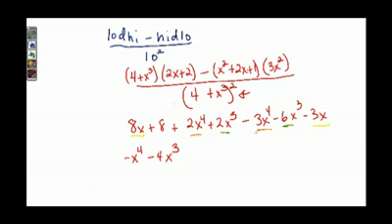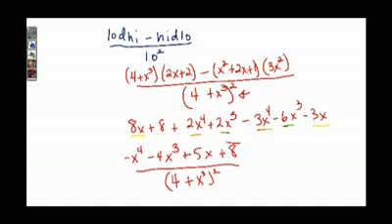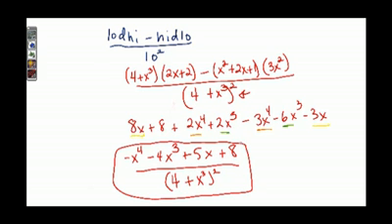So that would give me, I'm sorry, I got distracted by my dogs, a 5x, and then the only thing left is that plus 8. Let me write it over that denominator. Okay, that would be your first example that we went through.